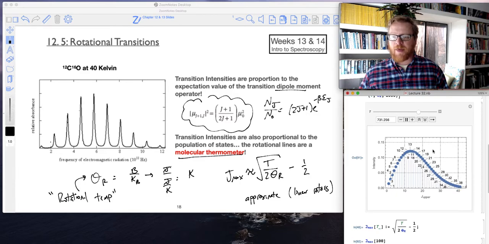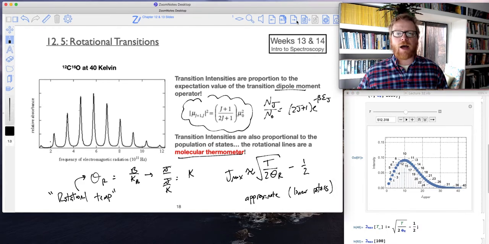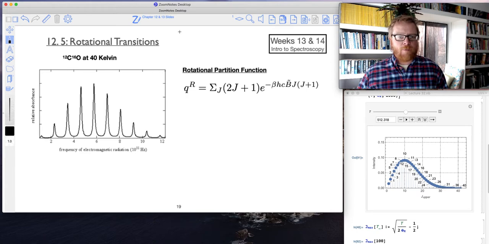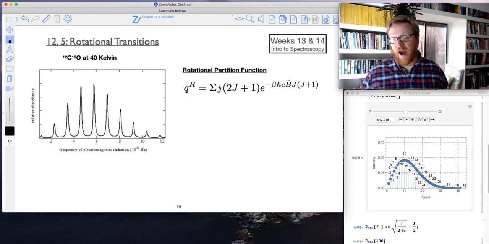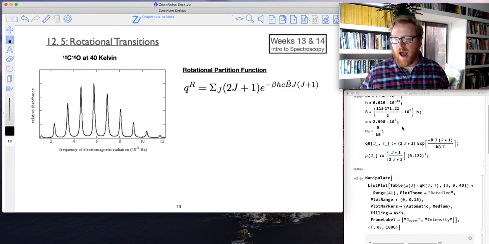Okay, so let's stop that. It moves quite slow on my computer here because of those labels. Okay, great. So now moving on. Oops, that's all the stuff that I talked about that was supposed to be on this slide. So right here is our full rotational partition function that I just walked you through, right?